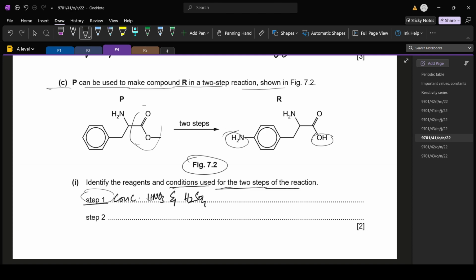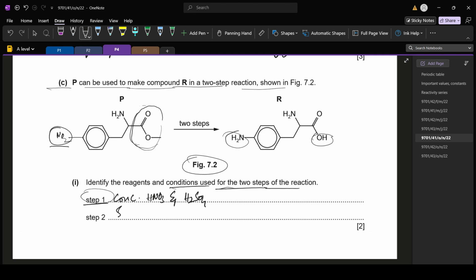This concentrated H2SO4 will hydrolyze this ester to carboxylic acid, and there will be a nitro group attached, due to this nitric acid. And in the second step, we will reduce this nitrobenzene to form phenylamine.